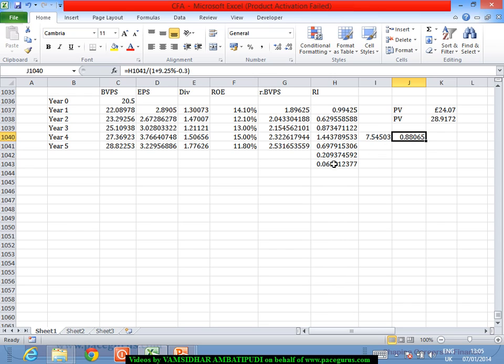The present value of all these things is coming out as 0.88. So when I am doing the present value for a security for which the RI for the next period, from the 6th year onwards, is 30% of the RI of the previous period, I can find out the value of that security.